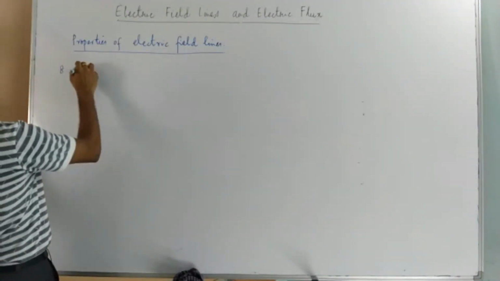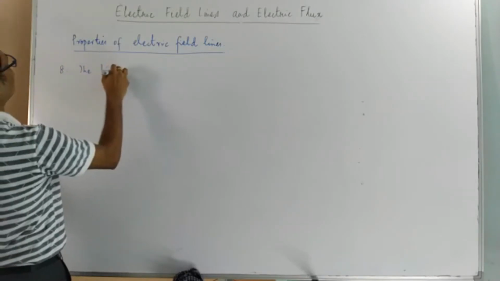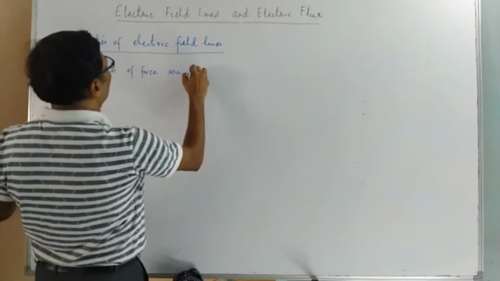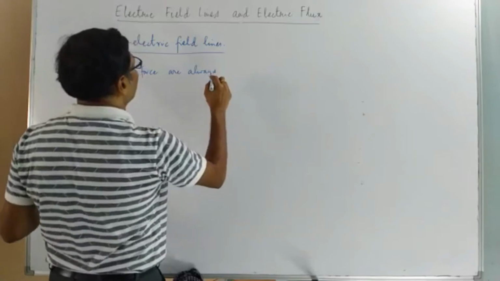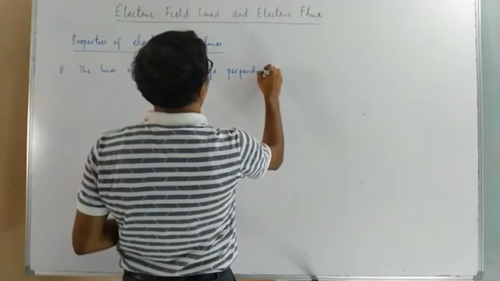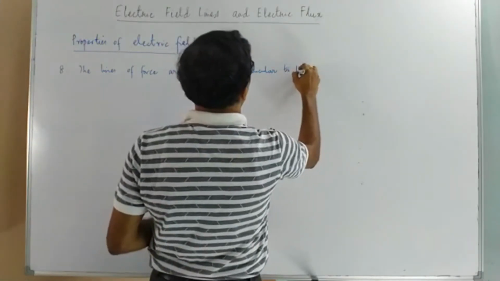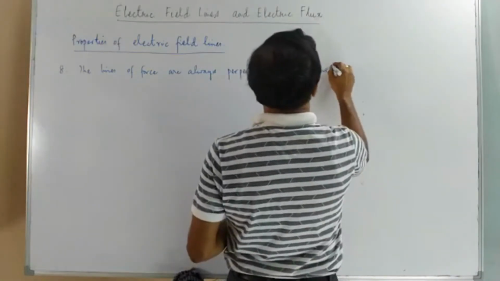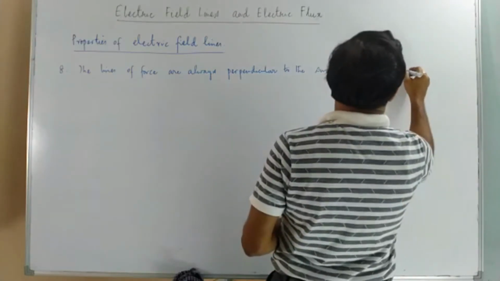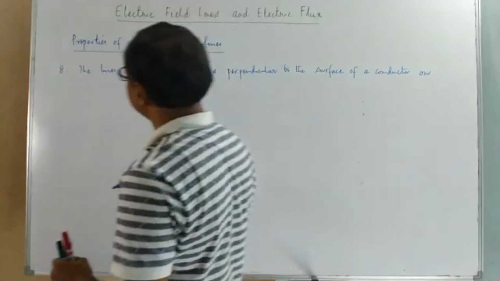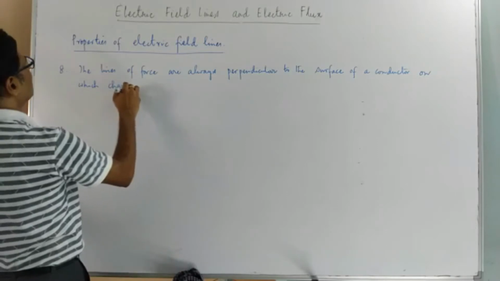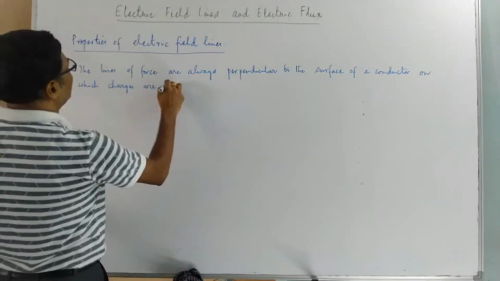Number 8, the lines of force are always perpendicular to the surface of a conductor on which charges are in equilibrium.